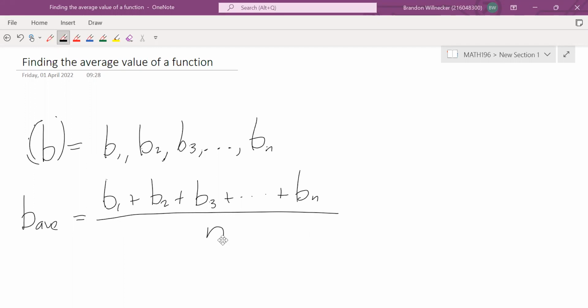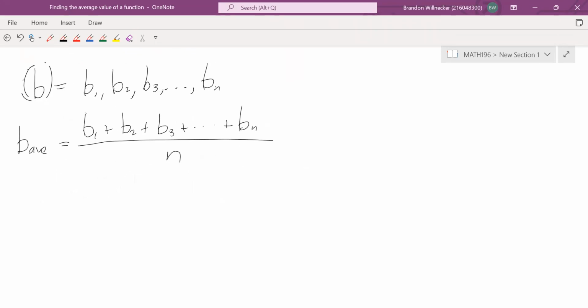Now what we want to do is extend this idea to find the average value of a function. So instead of having discrete terms like we have b1, b2, b3, we're going to have a continuous range. In other words, we're going to have something like this.